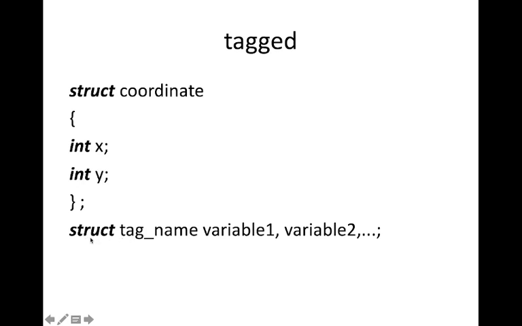Inside the program, in the main function, you can declare like this: struct coordinate A, B. Struct and tag name is coordinate, then A, B. So this means A and B are structure type variables of structure coordinate type. So A can access x and y, B also has x and y.